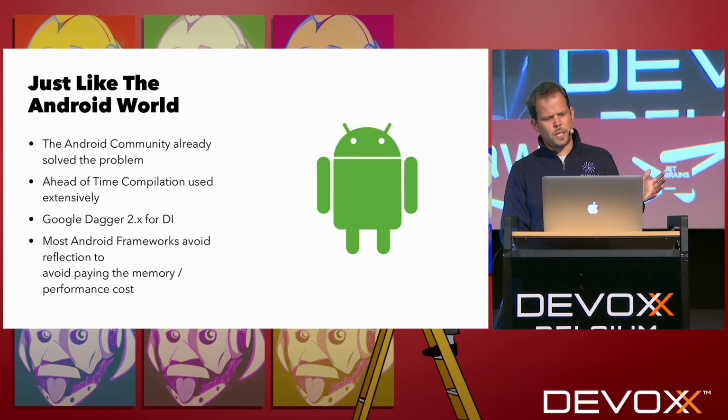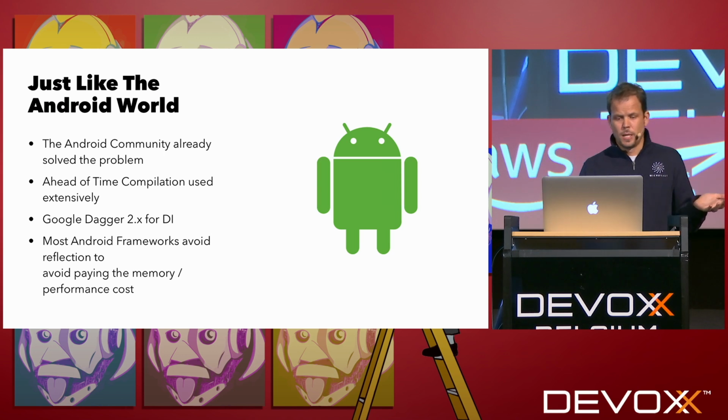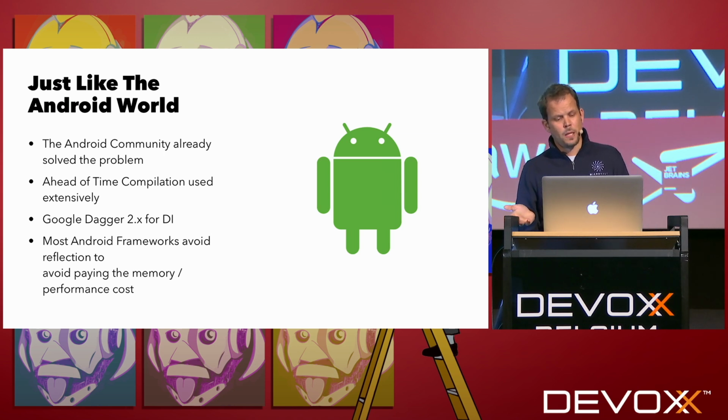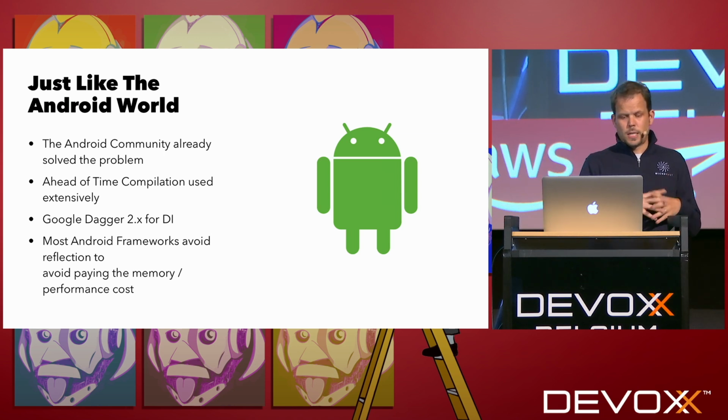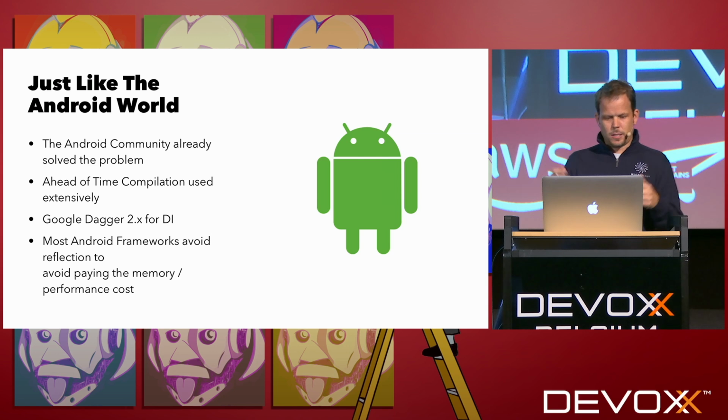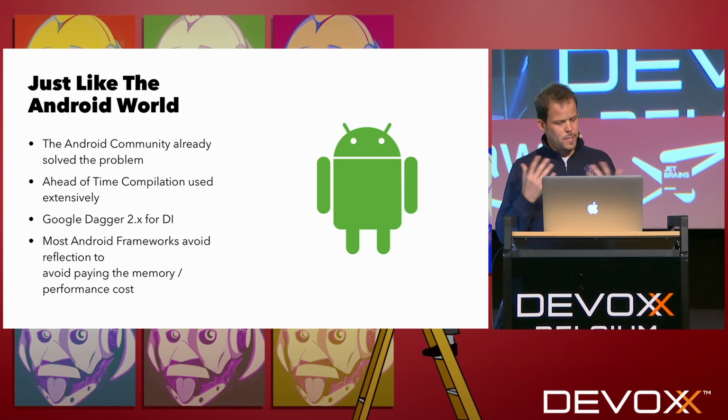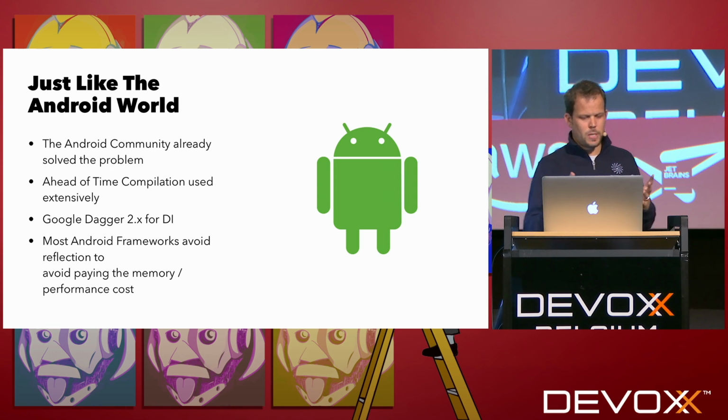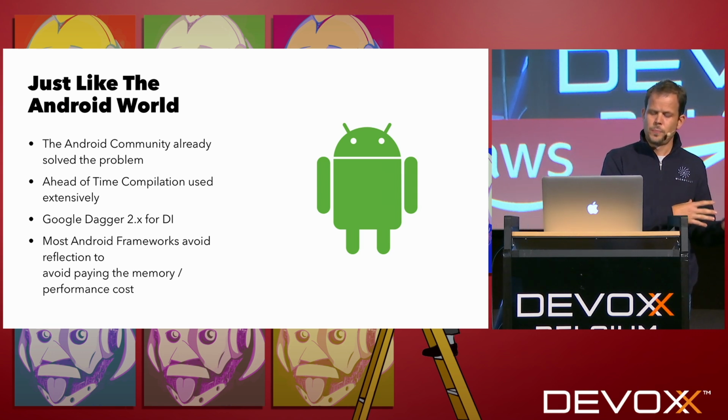And this is pretty much the direction the Android community has already headed into for some time. The Android tooling has used ahead of time compilation extensively for some time. Things like Google Dagger, which is the sequel, I guess you could say, to Google Guice, which is a dependency injector for Java, uses annotation processors and doesn't use reflection.